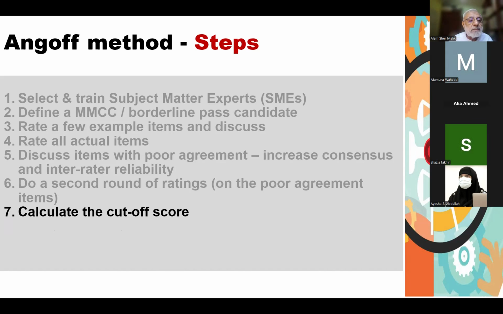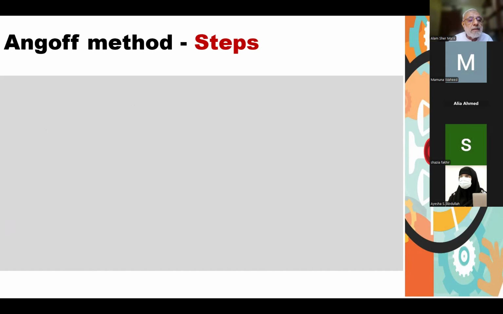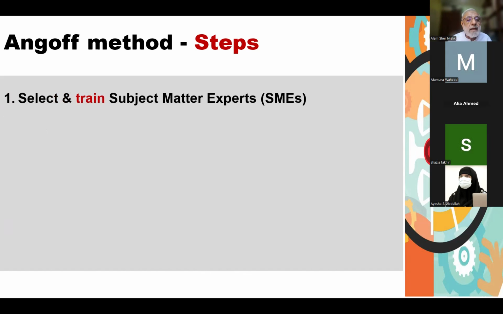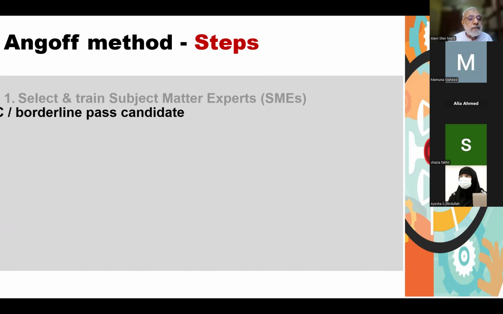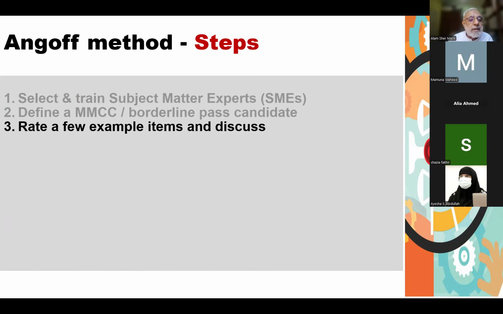Now, if I go through this again: select and train subject matter experts, which is important. Define a minimally competent candidate. So everybody should agree what a borderline pass candidate means. Rate a few examples. So give them some questions, maybe previous questions, and they rate them, and then they see the difference among them on those items, and they discuss among themselves.